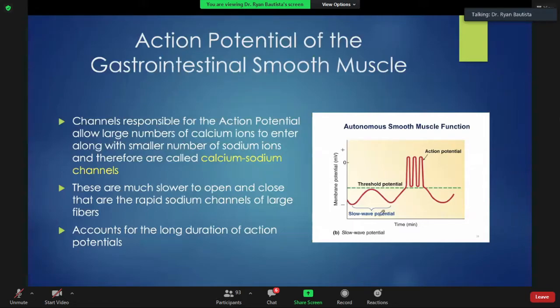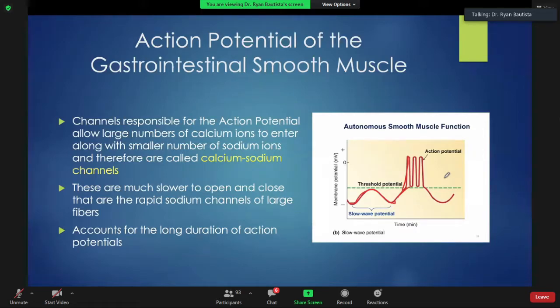So again, the slow wave is potentiated by your sodium coming in, and then you have a stimulus, stretching or acetylcholine from the parasympathetic, at the top of that slow wave. Then you have the influx of calcium and sodium going in, and now you have generated that action potential.